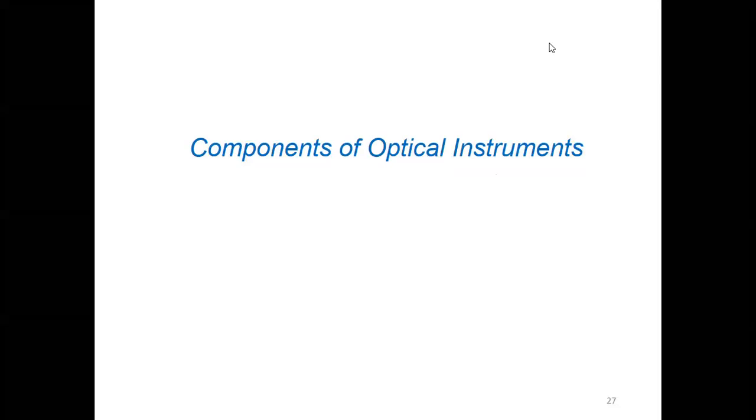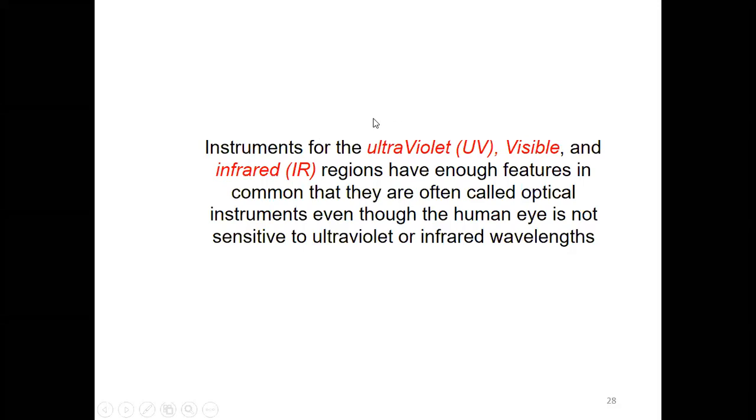Okay, then if you don't have any questions, let's move to this section, components of the optical instrument. So this says UV, visible, and IR have enough features in common that they are often called optical instruments. But the human eye is not sensitive to the UV or IR region.